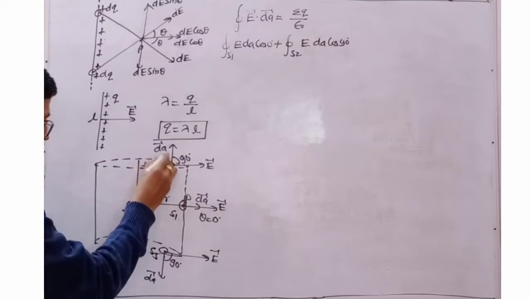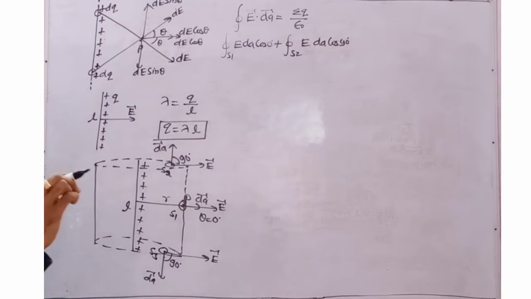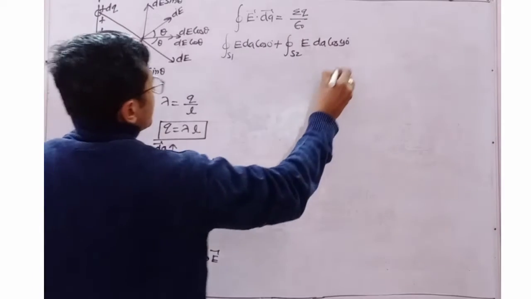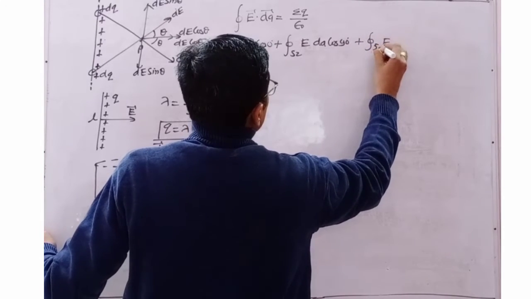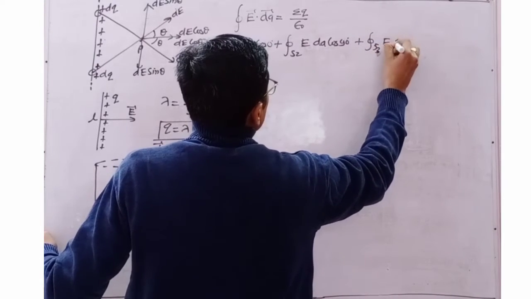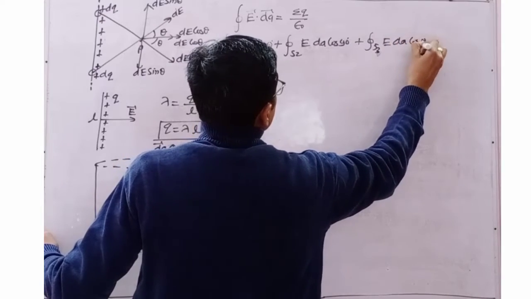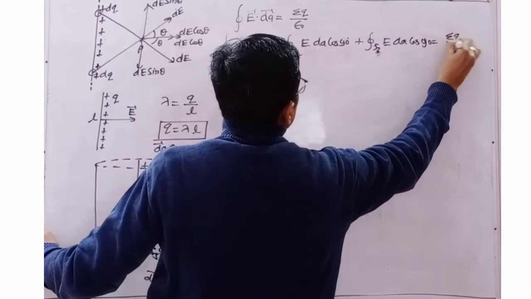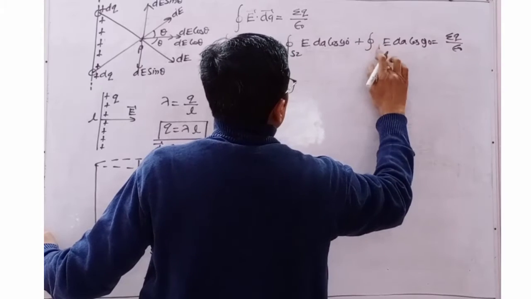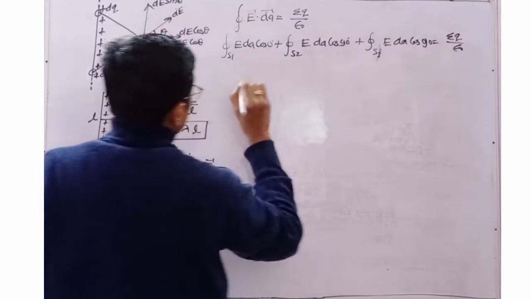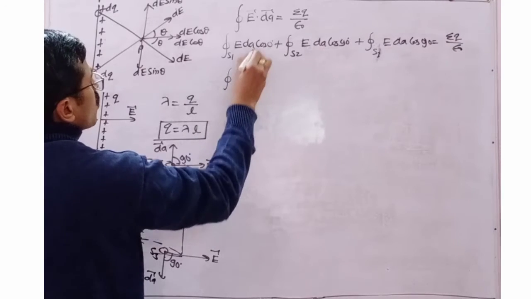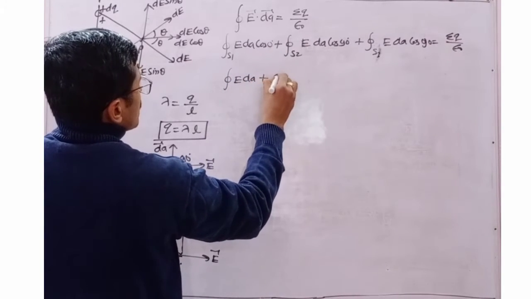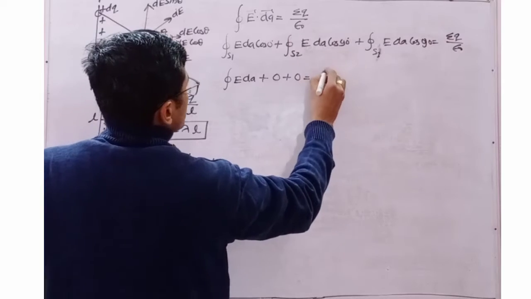For surface S2, E vector and dA vector are mutually perpendicular, so the angle between them is 90. And for S3, E dA cos 90, is equal to sigma q upon epsilon naught. Now integration of E dA cos 0, which is 1, plus 0 plus 0, is equal to sigma q.